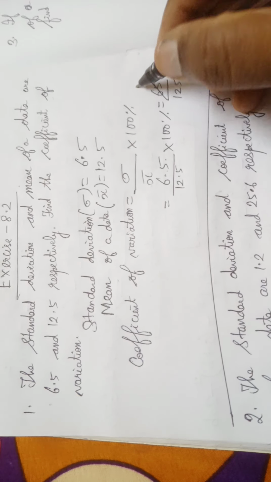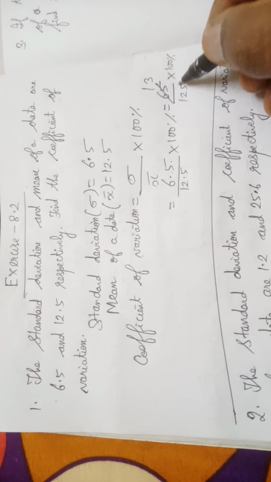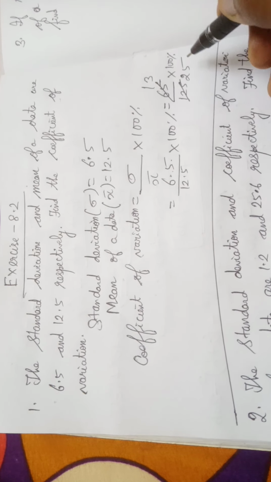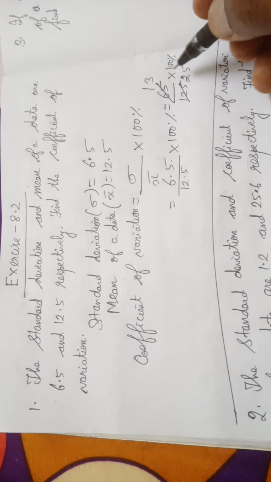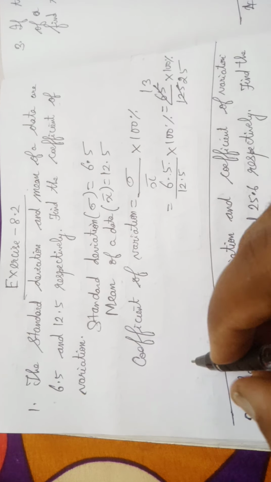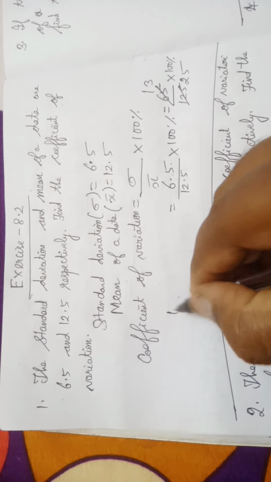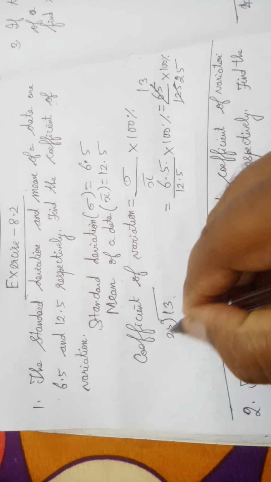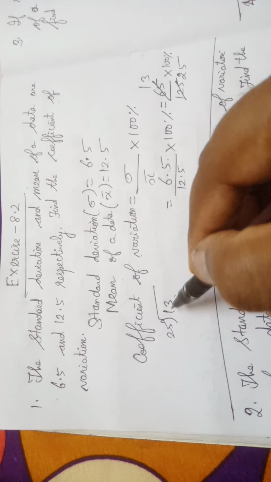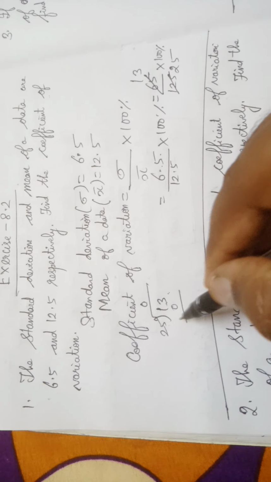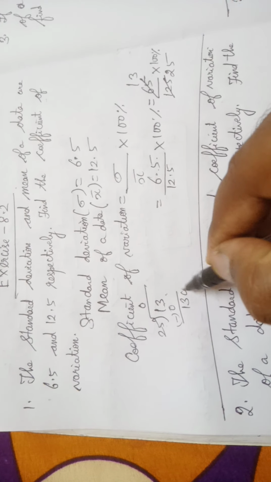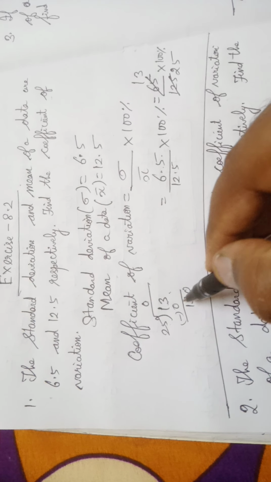So 13 5s are 65. 25 5s are 125. So now how much will it come? 13 divided by 25. We can't divide 13 by 25, so 0. 13 minus 0 is 13.